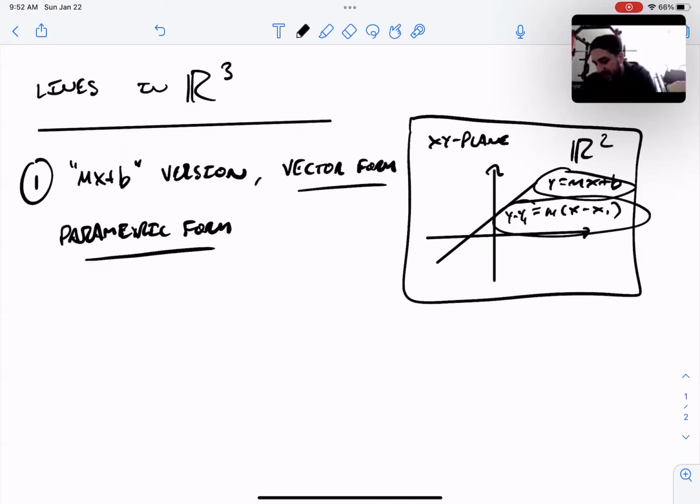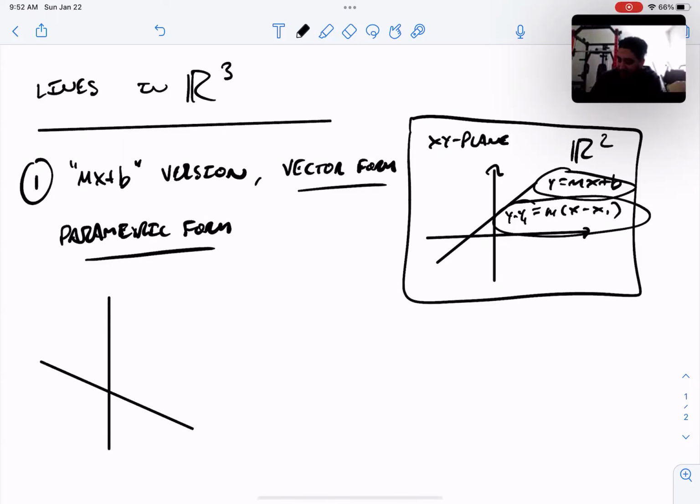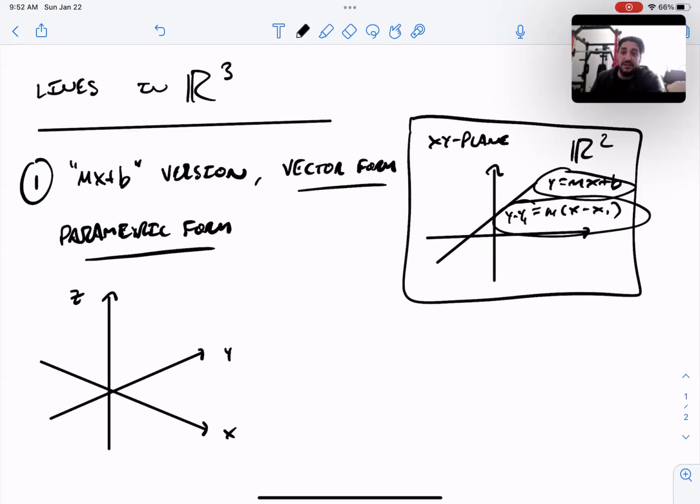The way you specify a line with this is you generate your line by telling it where to start. We give some initial point, just like b, the y-intercept, is an initial point. We specify that initial point with a vector.